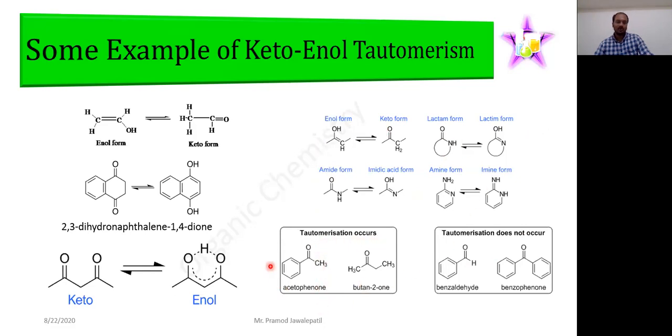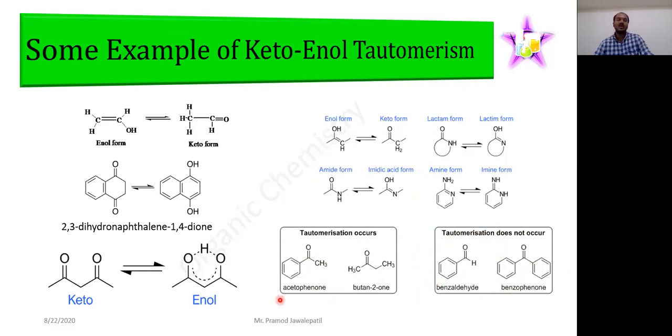Tautomerism occurs in acetophenone, as it requires alpha protons. But in benzaldehyde or benzophenone, there is no alpha proton, so tautomerism does not occur, because they don't have any alpha hydrogen.